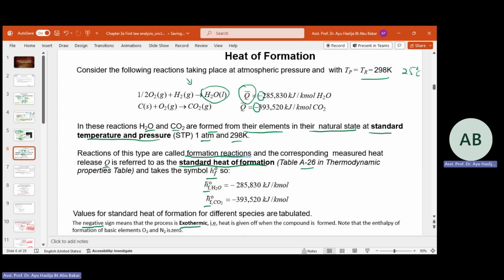Endo, they absorb heat. Okay, note that the enthalpy of formation of basic elements, meaning O2, H2, C, is always 0 because they appear in their original state. So it is not formed from something else.